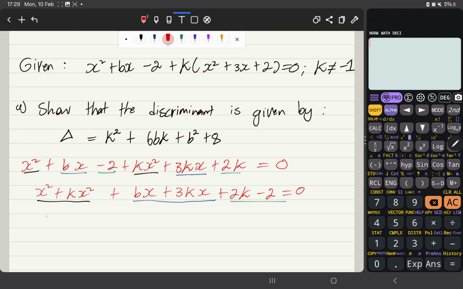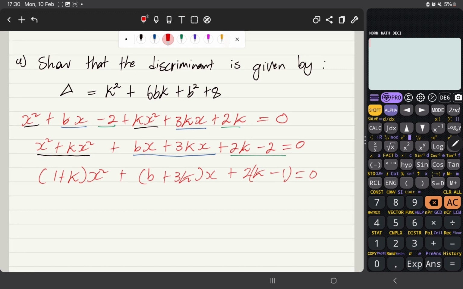So now I'm just gonna take out x, so I'm gonna have open bracket 1 plus k, then x squared, plus open bracket b plus 3k, and then x, then plus this one, 2k minus 1.